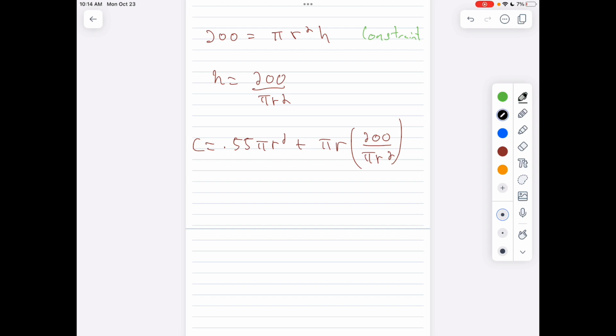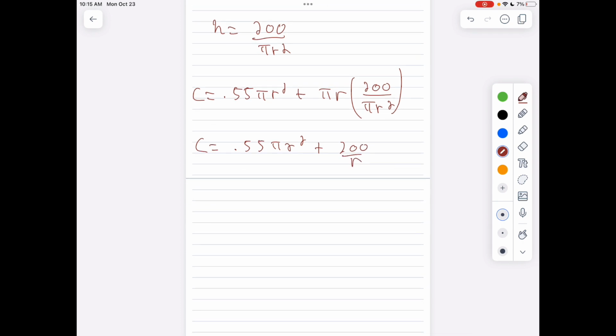All right, and now we replace the h, and this is an equation in terms of one variable. This would be 0.55 pi r squared. Now the pi and the r in the next term cancel out, and you get 200 over r. And I'm going to say this, you have a restriction on r from 0 to infinity. Why is that?